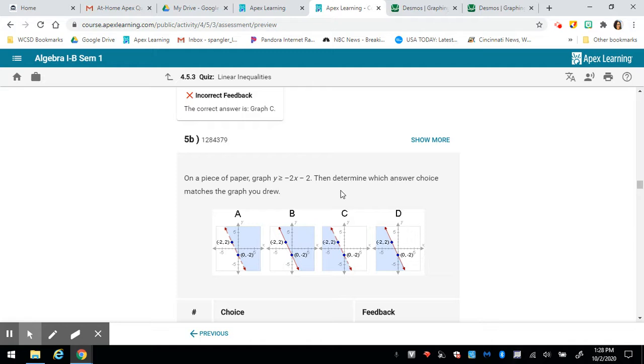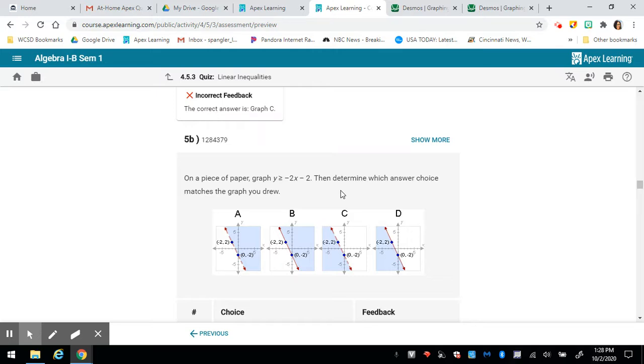So we know that it's greater than or equal to. So let's just look at the equal to part. If it's equal to, it's going to be a solid line, because that means it includes any number on that solid line.